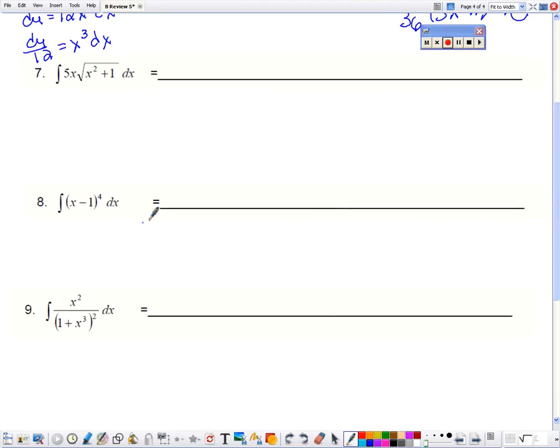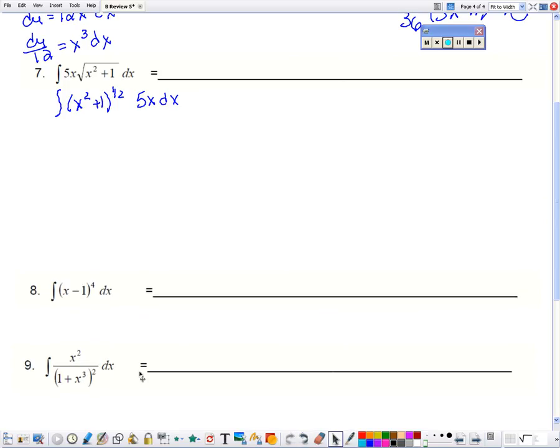Number 7 I'm going to rewrite as x squared plus 1 to the 1/2 5x dx. So I'm going to let u equal x squared plus 1, which means du over dx is 2x.